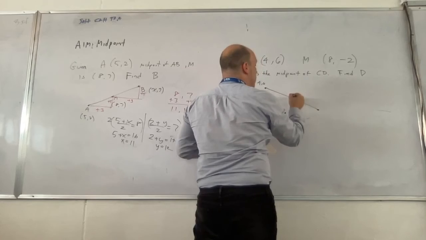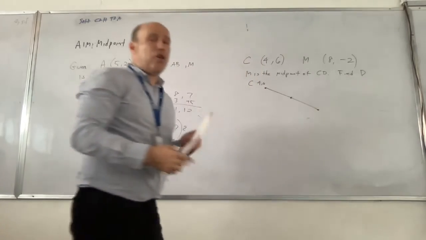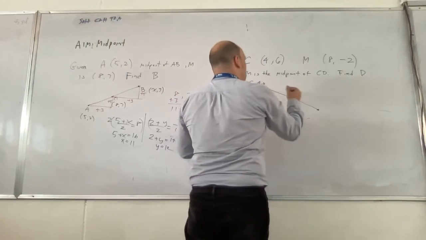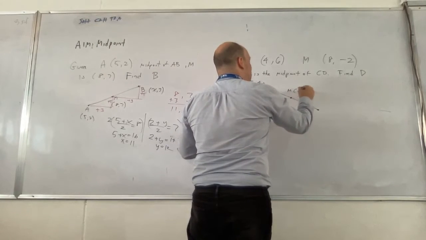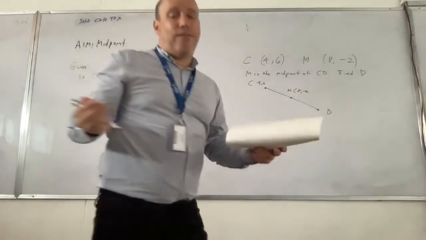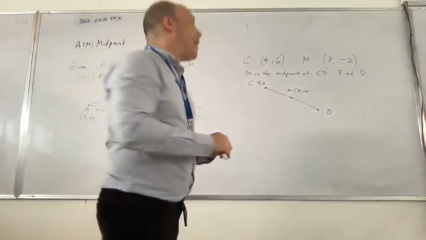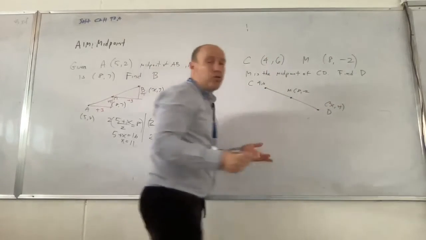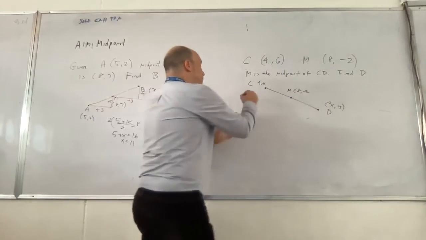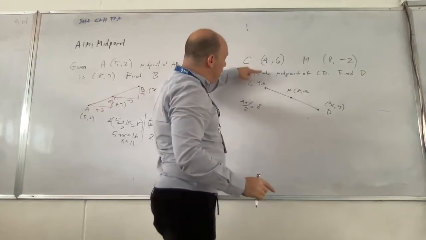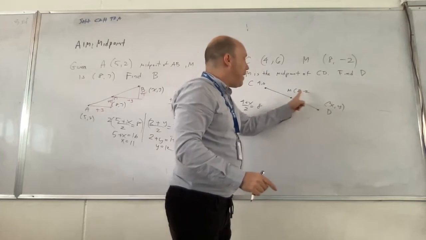Once again, it doesn't matter how your graph looks. It's always going to be numbers. So we have 4, 6. This is M, which is 8, -2. And we want to get to D. First of all, let's do it algebraically. We call D x, y. It's unknown. So I know that 4 plus x divided by 2 is 8. Once again, the middle of 4 and x is 8.